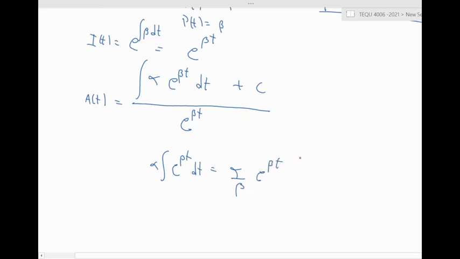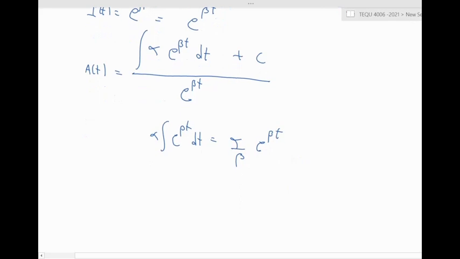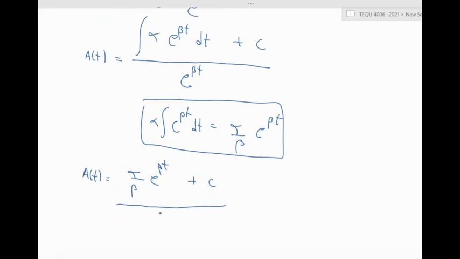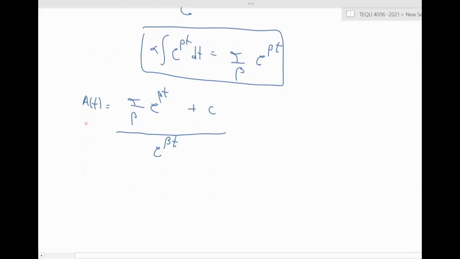And that's it. Now, if I substitute this definition here, meaning that A(t) is nothing else than alpha over beta e to the beta t plus C, everything divided by e to the beta t. Now, I need to find the constant. What is C?